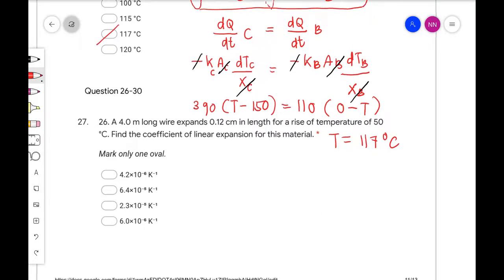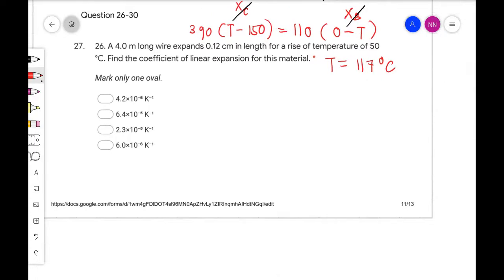Then proceed to number 26. A 4 meter long wire expands 0.12 cm in length. That means this is delta L, for a rise of temperature of 50 degrees Celsius, so this is delta T. Find the coefficient of linear expansion for this material, alpha.